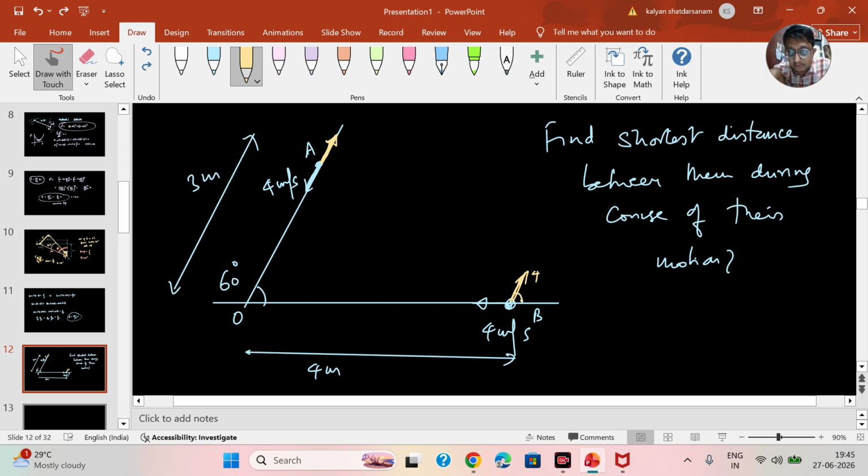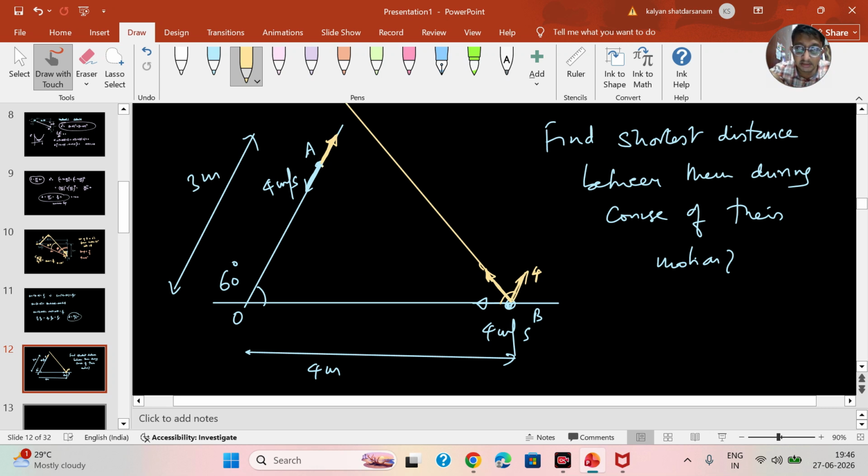So this angle is also 60, or rather this is 120. So you're adding 4 and 4 at 120. When you add two vectors of the same magnitude at 120, the resultant vector will be at the bisector, 60 degrees. So the resultant velocity is in this direction. So B is going like this in A's frame.